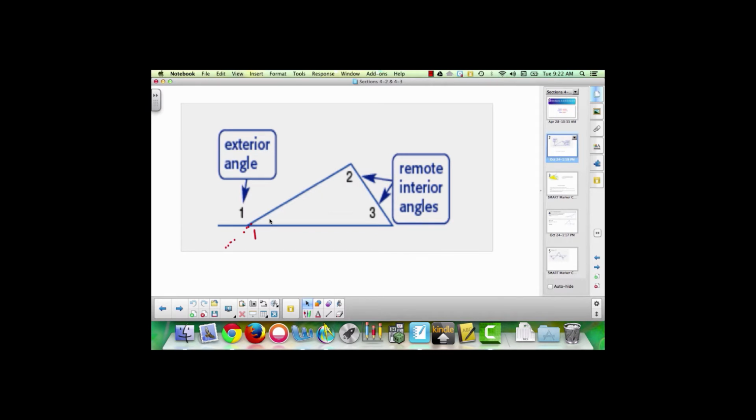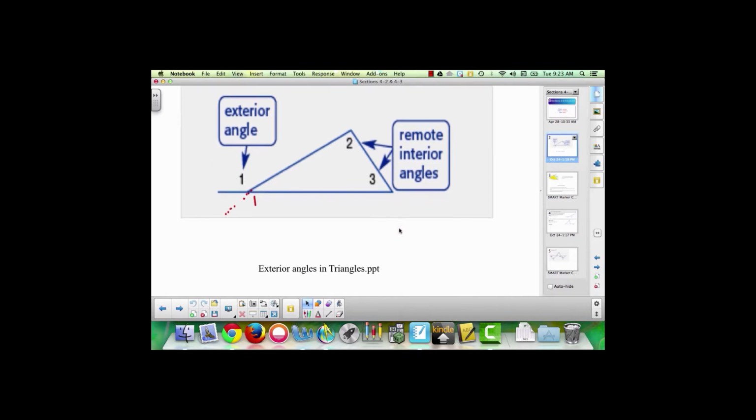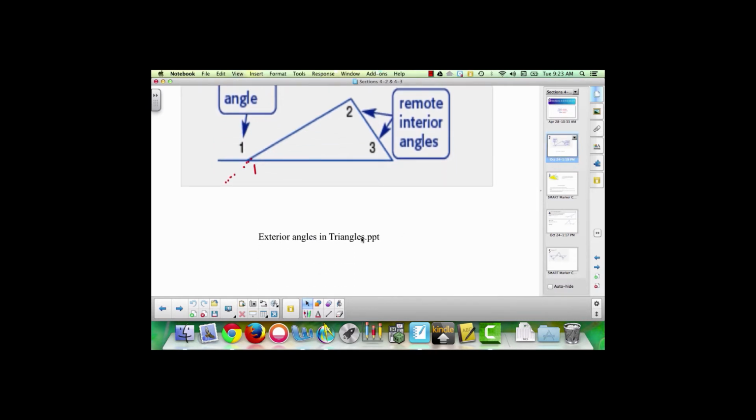The angle that is adjacent to it is an interior angle, and the other two angles that are not adjacent to that exterior angle are called the remote interior angles. This PowerPoint will help us to see that demonstration.